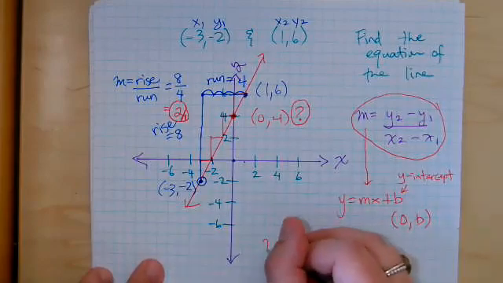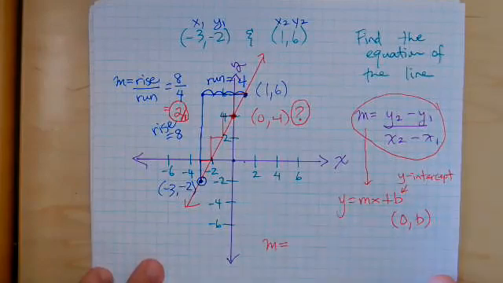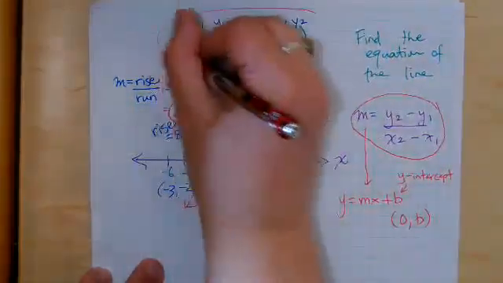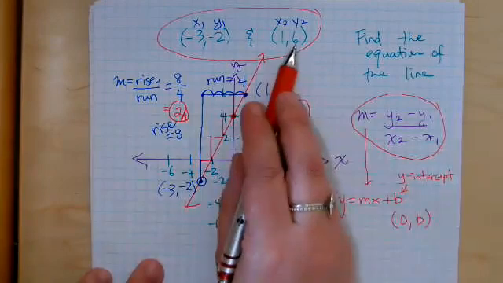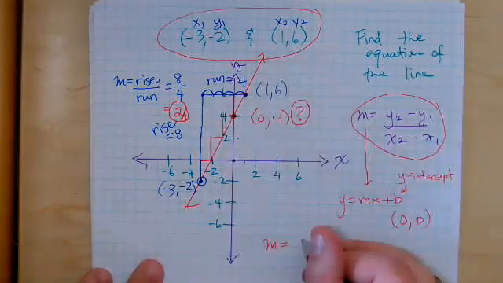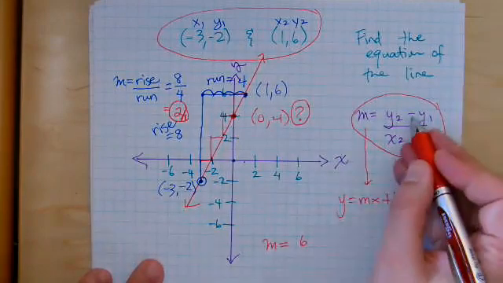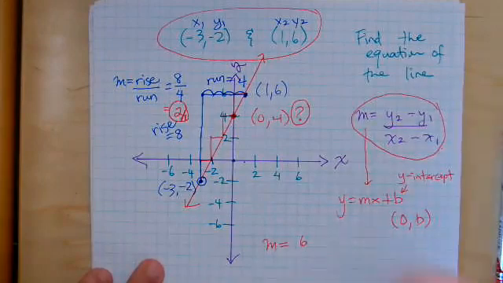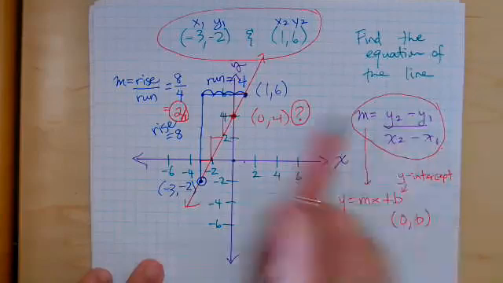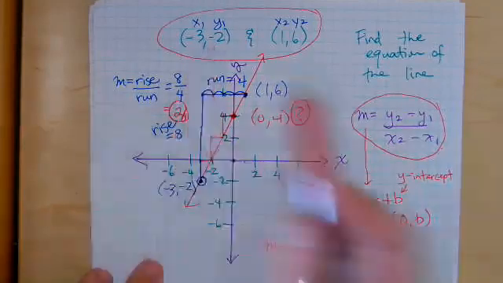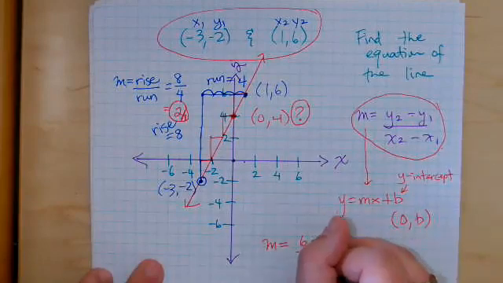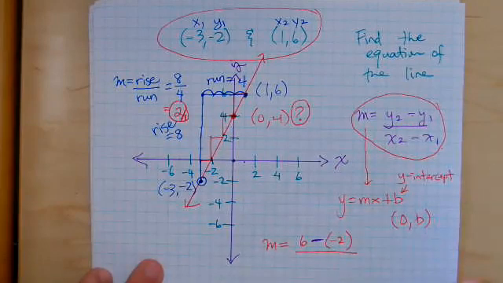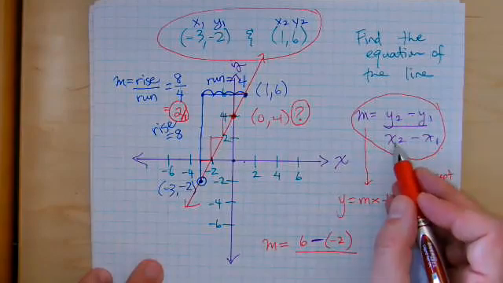We're going to go m equals, okay, here's my points that I'm using. Here's my formula. Plugging in for y2, 6, from the formula, minus. What's y1? -2. Over x2.